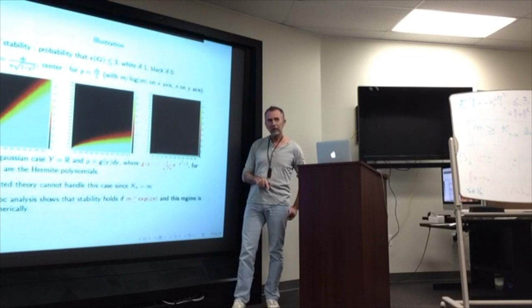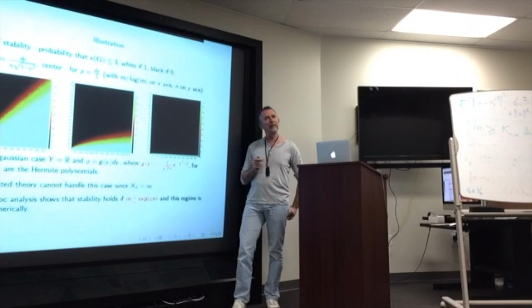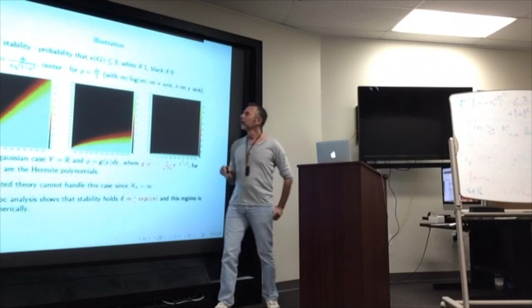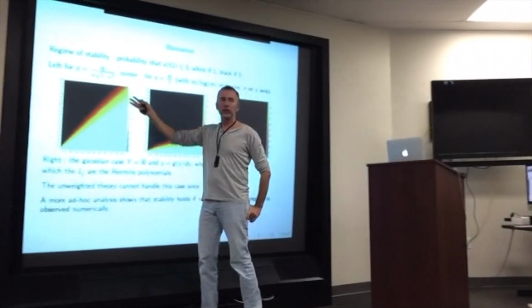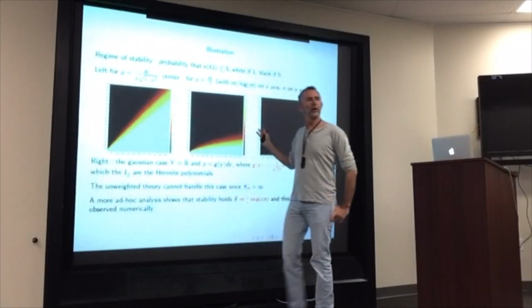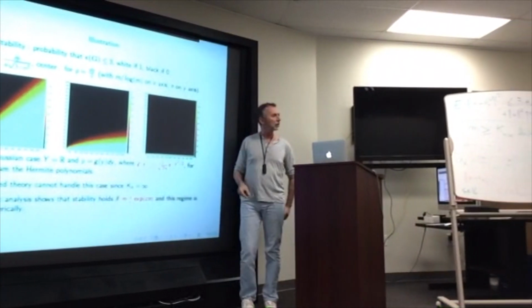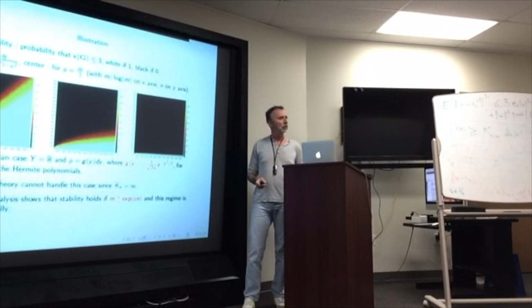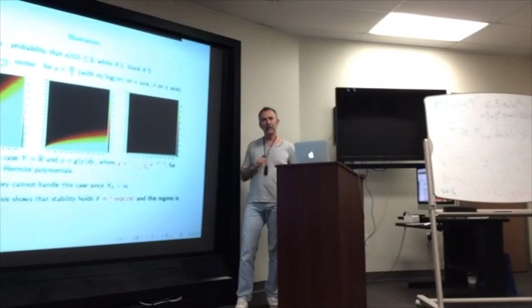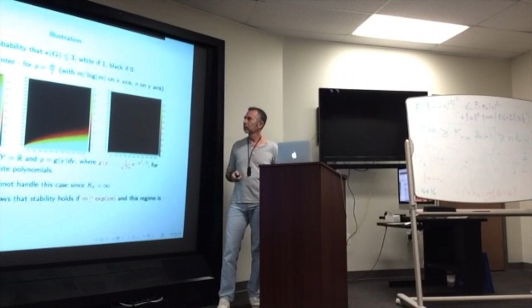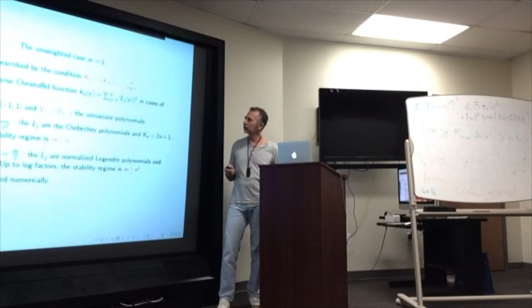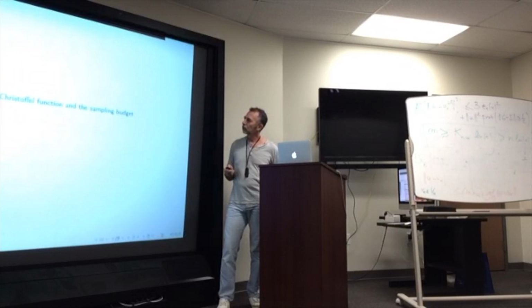So that shows you that sampling according to the natural density can be good sometimes, but in general, it's going to be problematic for what you want to do. And this is where a better sampling will be needed. So this is why the unweighted case is not so good.